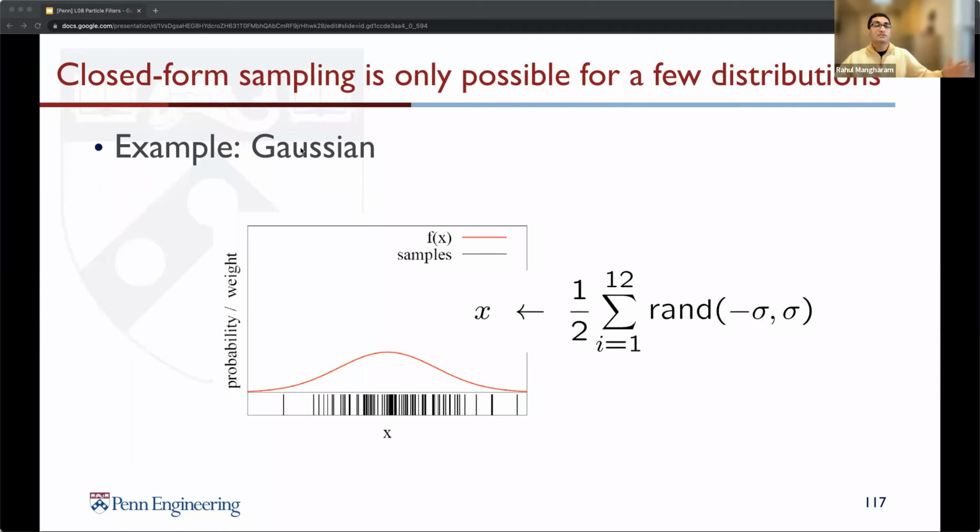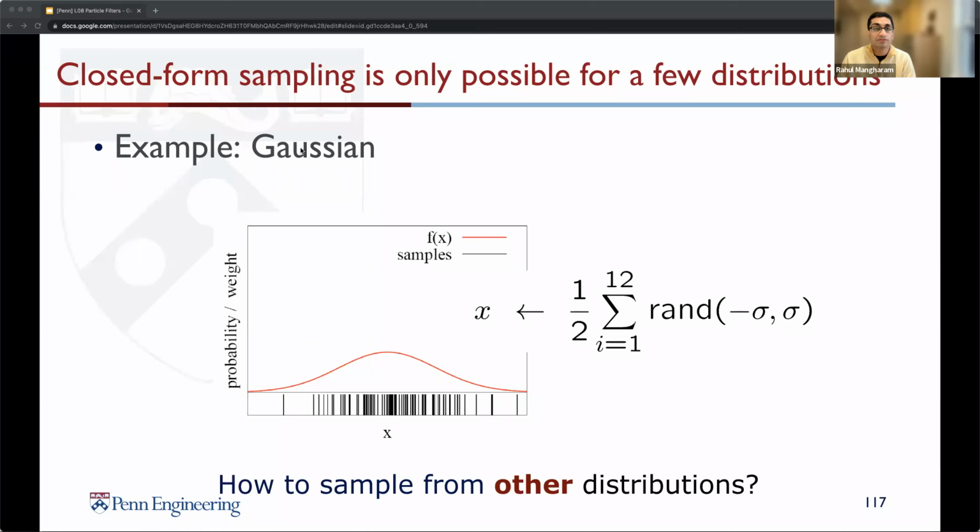This generates samples from a Gaussian distribution that's centered around 0 with that standard deviation. So for certain distributions like a Gaussian, I can efficiently generate these samples. But what about other distributions that cannot be represented by this kind of closed-form equation? How do we generate samples for those distributions?